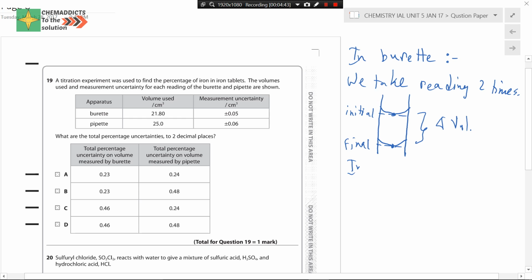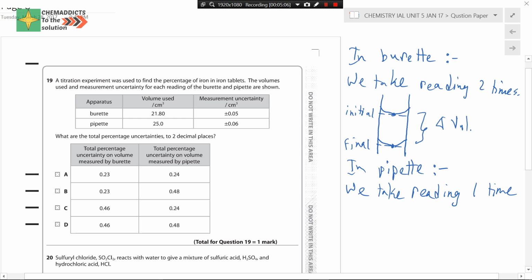In the pipette, we take reading just like this. No, not like that. We take reading one time.